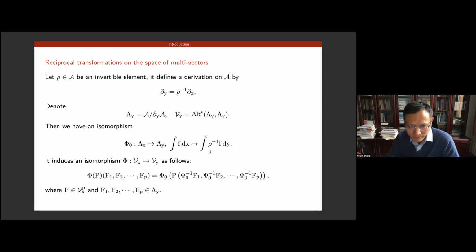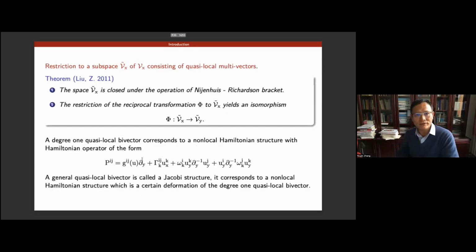And this map actually establishes a relation between Hamiltonian structures. We can use this map, and this gives a very natural transformation law of Hamiltonian structures under the action of nonlinear reciprocal transformations.